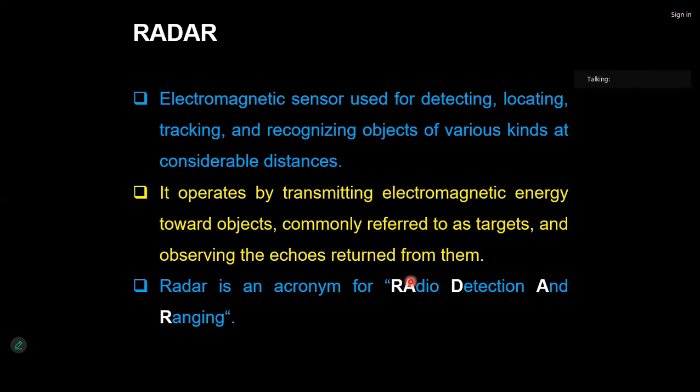But these sensors have the ability to detect the radio waves, as well as transmitting and sending the radio waves to the ground, to the object, and the same sensor detects what is reflected from the object. That is the echoes coming from the object. That is what we are doing in the radar system.